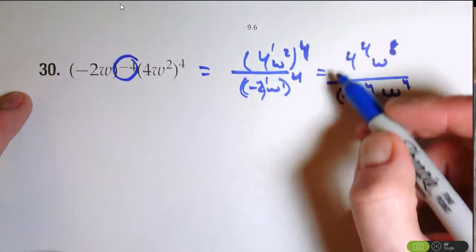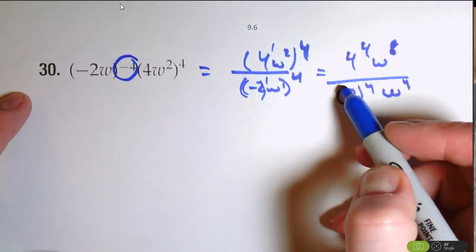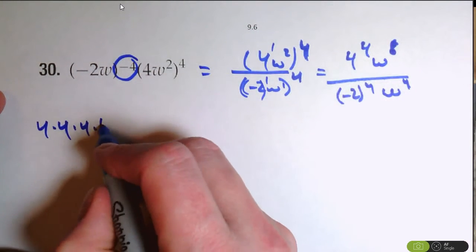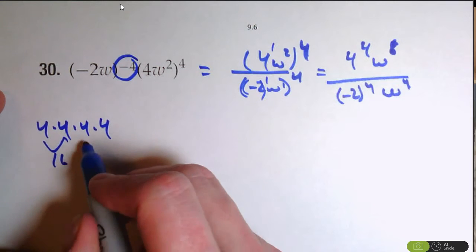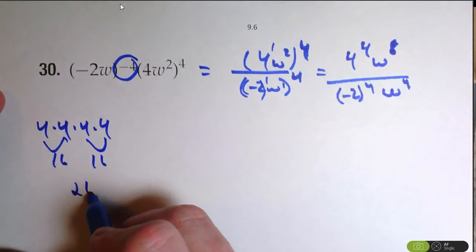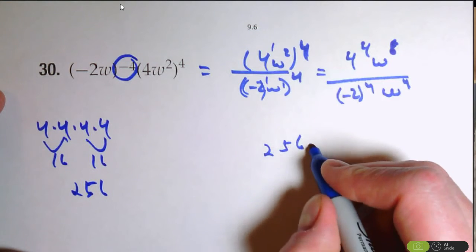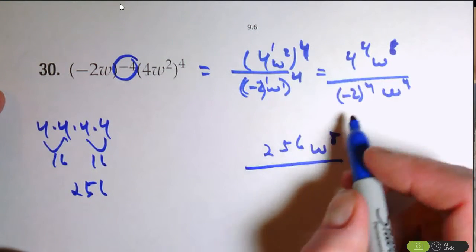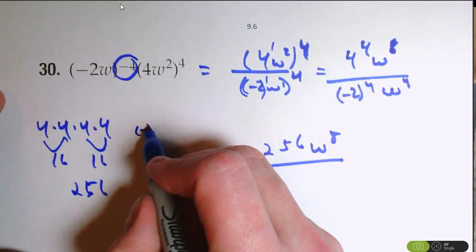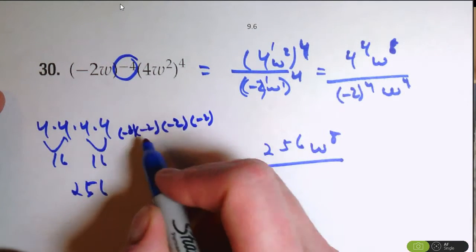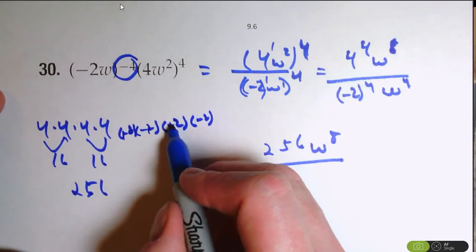So in order to do the numbers part here, I need to do 4 to the fourth and negative 2 to the fourth. So 4 to the fourth is 4 times 4 times 4 times 4. Well, that's 16 times 16, 256. So 256 w to the 8th over negative 2 to the fourth. Okay, so negative, negative, negative, negative.